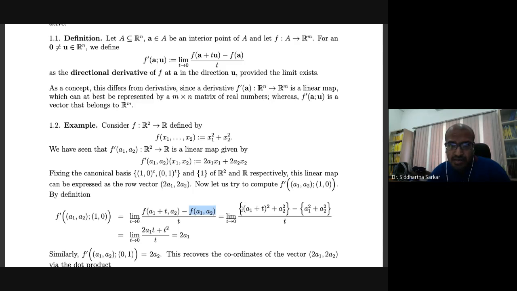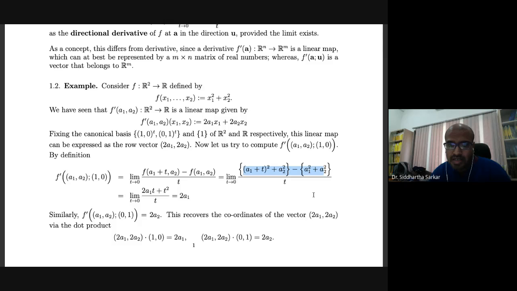You just plug in the values of this map, subtract all the possible coefficients, and it turns out to be a clean expression, 2a1 t plus t square. If you divide by t, this limit is just 2a1. And a similar calculation will tell you that the directional derivative at the point (a1, a2) in the direction of the y-axis is 2a2.